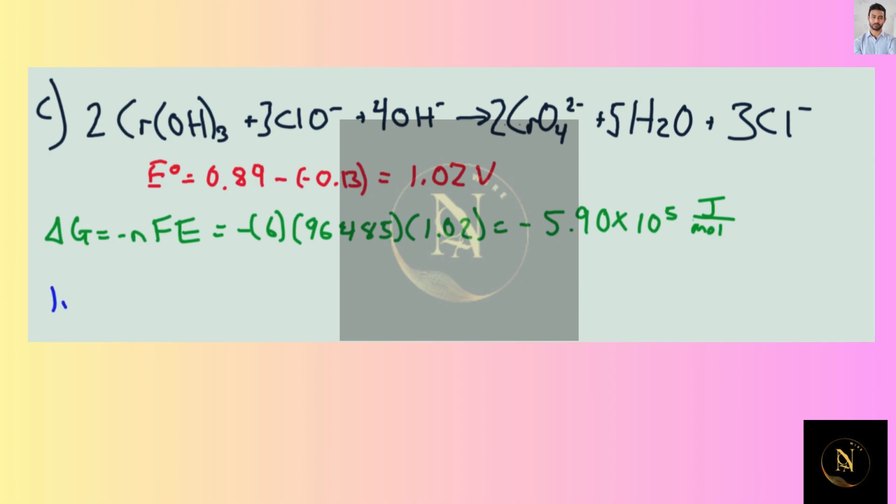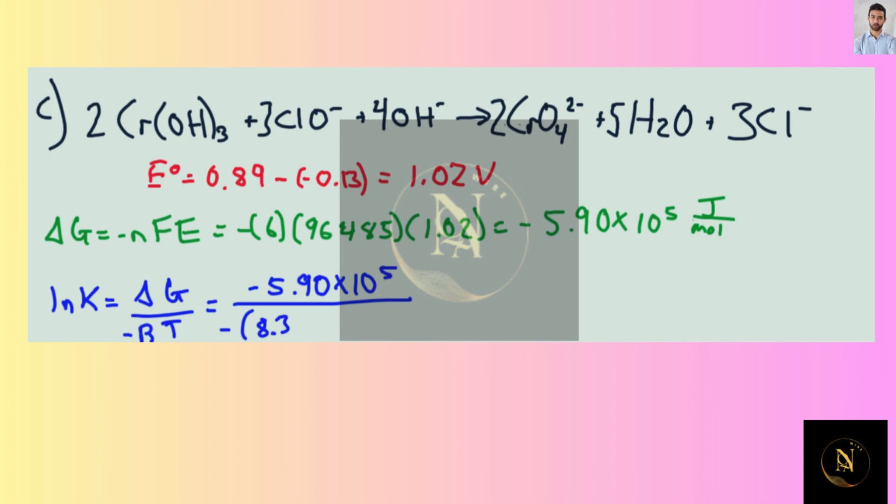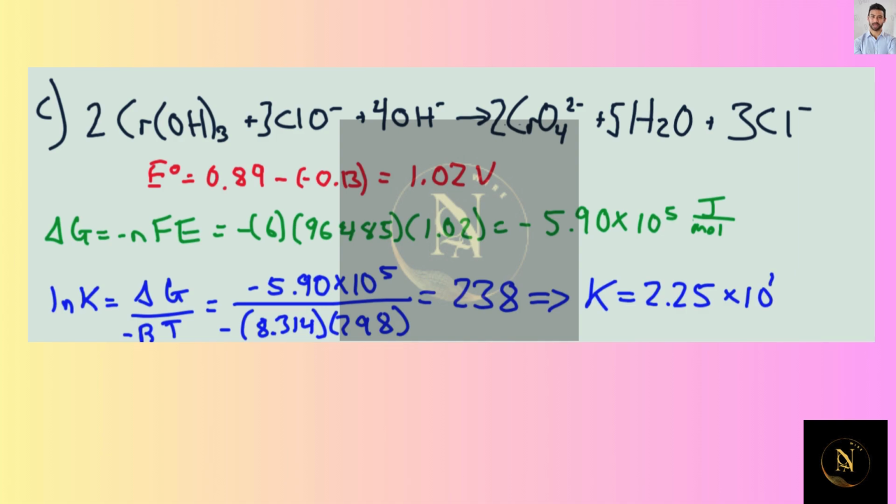Then we calculate ln K. We get negative 5.90 times 10 to the 5th over our gas constant and our temperature, and we get a value of 238. When we take the inverse ln, or e to that power, K is 2.25 times 10 to the 103. So very, very large.